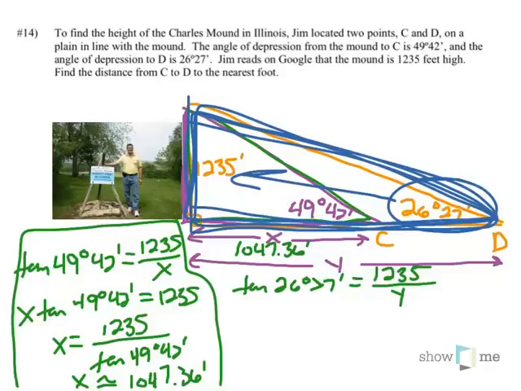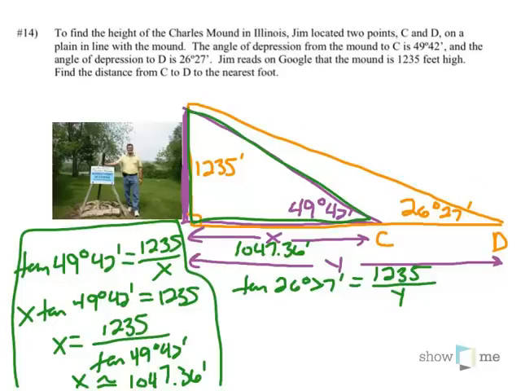Let me erase all that junk I just threw up there. So multiply both sides by y to separate your fraction. Then divide both sides by tangent of 26 degrees, 27 minutes.